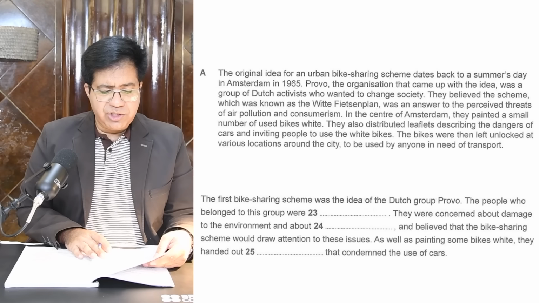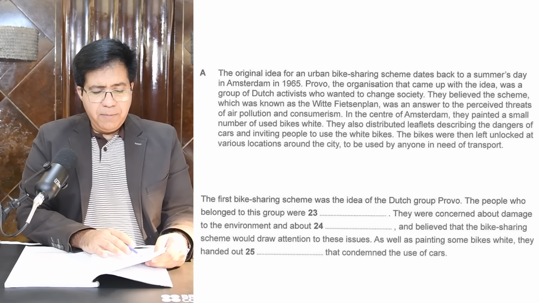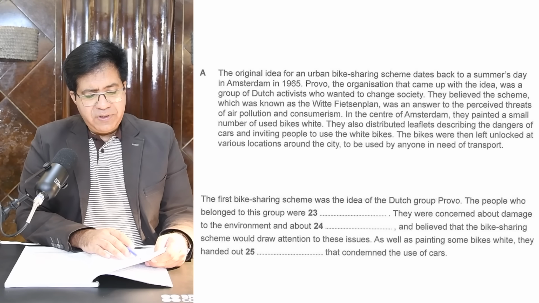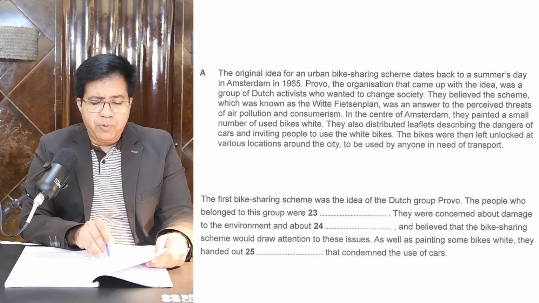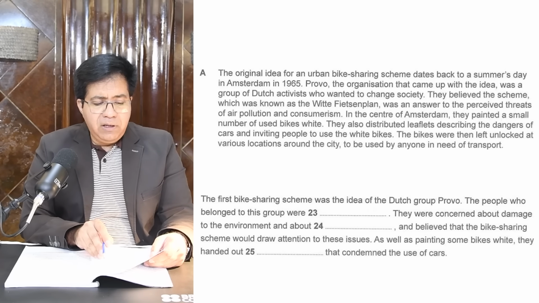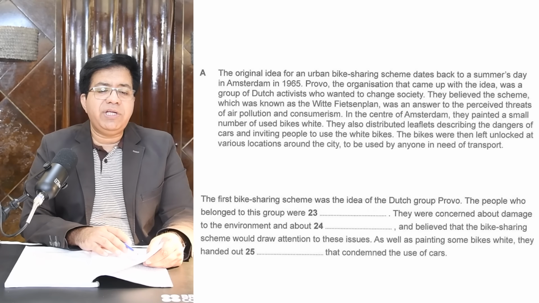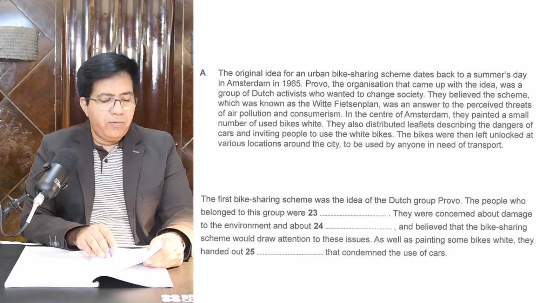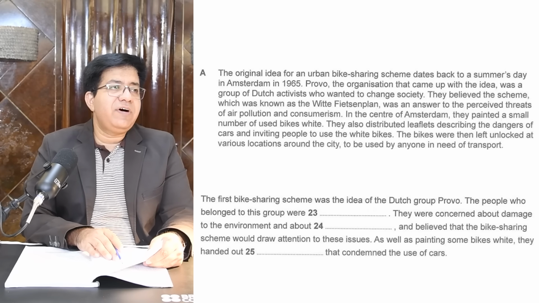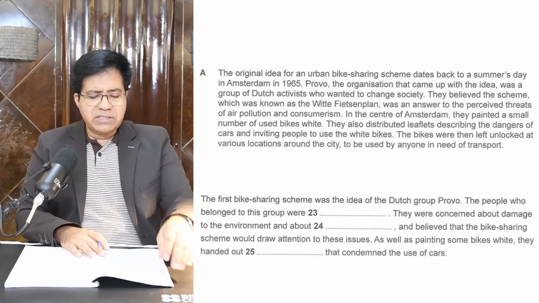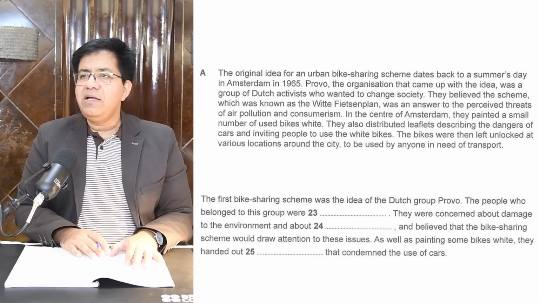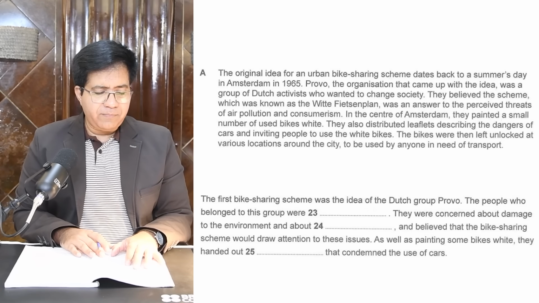Now we read the question carefully. First bike sharing scheme was the idea of the Dutch group Provo. The people who belonged to this group, Provo, were dash. Were means the answer should be plural. So the people who belonged to the Dutch group Provo, who were those people? Please come to paragraph A, second line, after 1965.